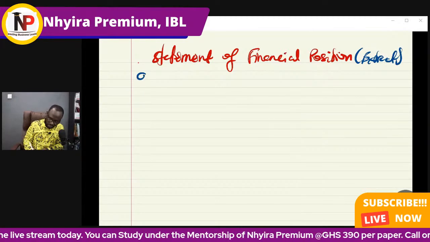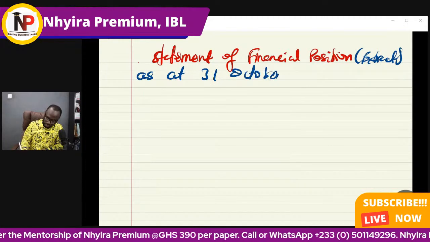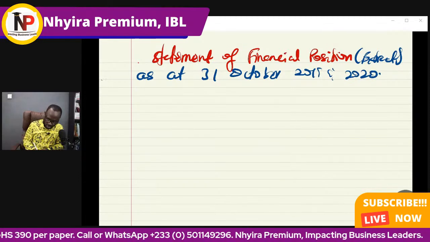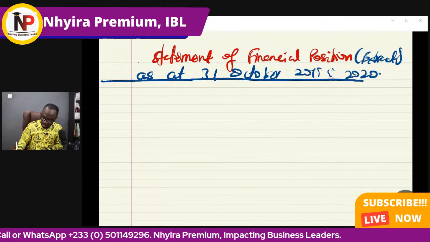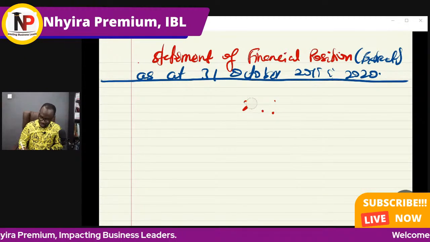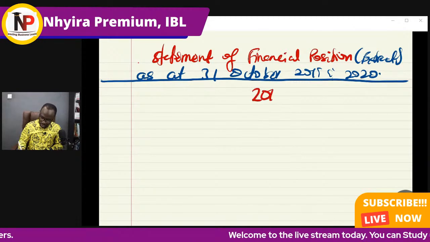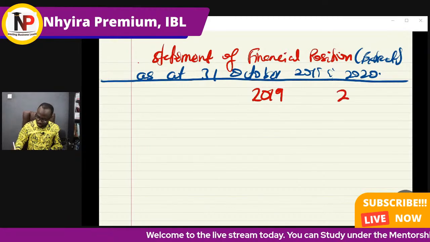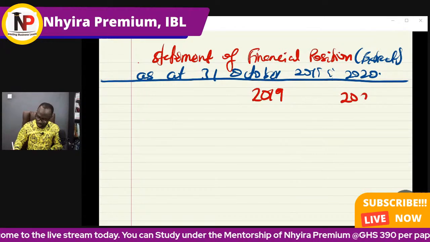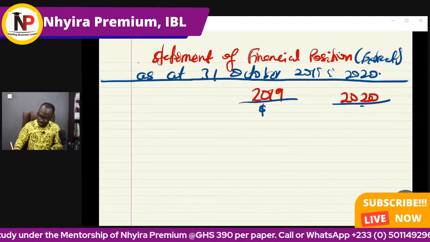Again, as at 31st October 2019 and then 2020. So we present again in a columnar form. 2019, 2020. We're slashing our currency sign.